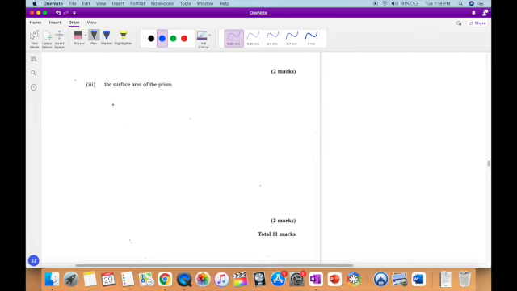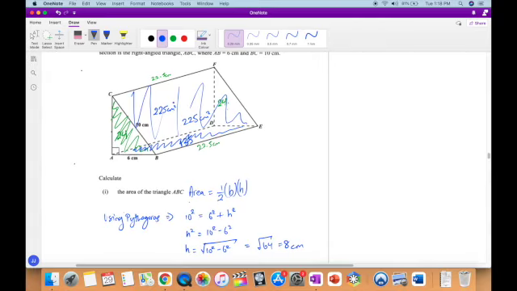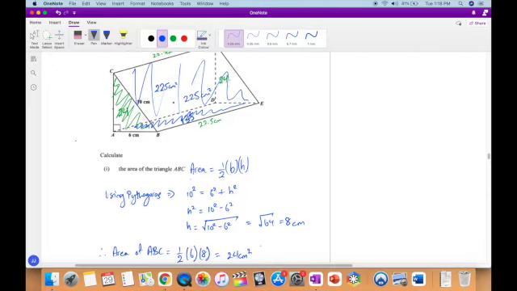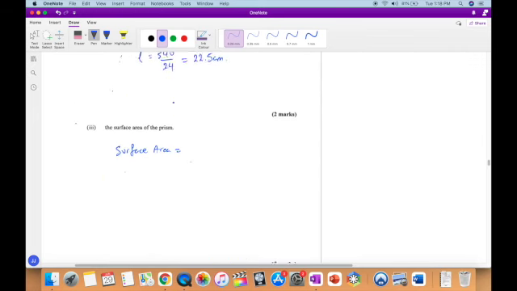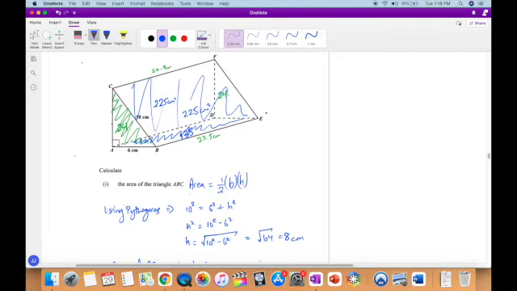So we could have here, the full surface area is equal to, we will have 225 plus 225 plus 24. All right, so 225 times 2 plus 24 times 2 plus 135.